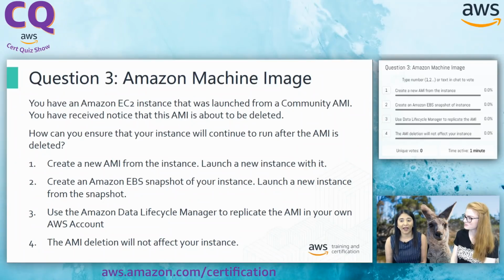So make sure that state diagram is in your tips when you go for your exam. But coming back to the original question, when you create an instance from an AMI, that instance is independently running in your account.